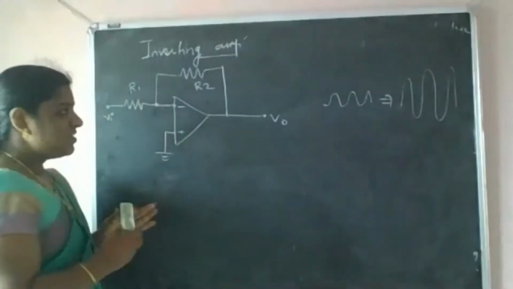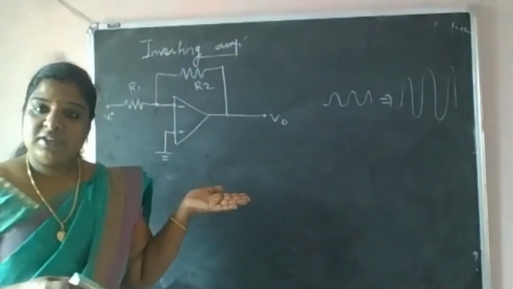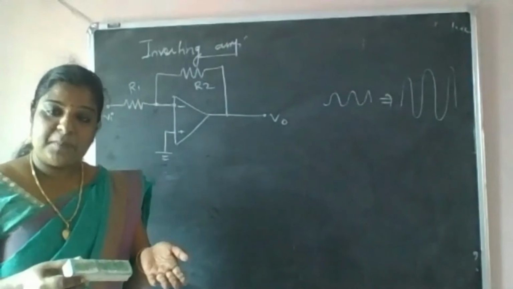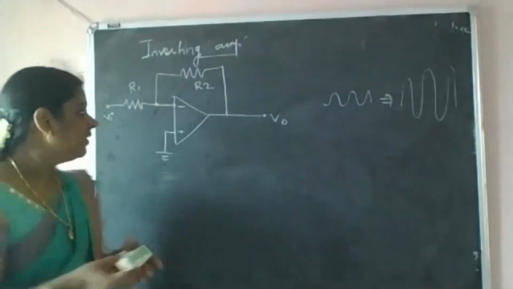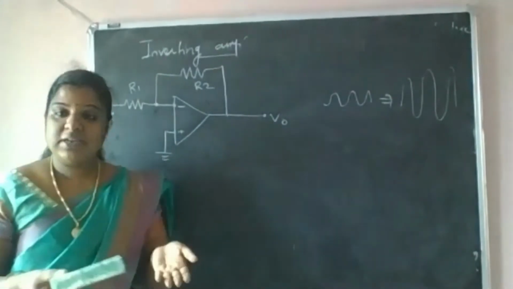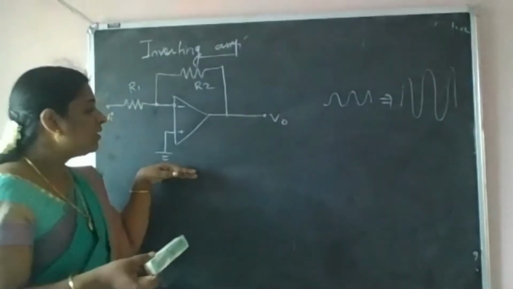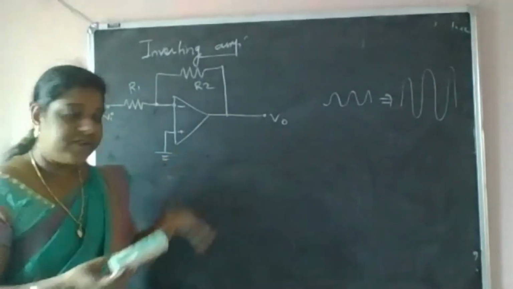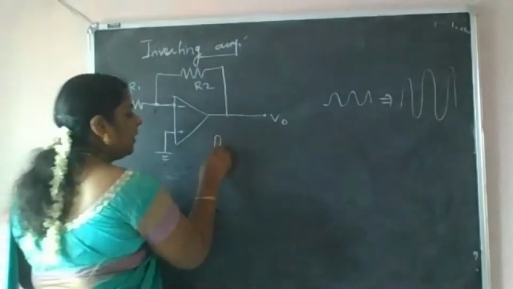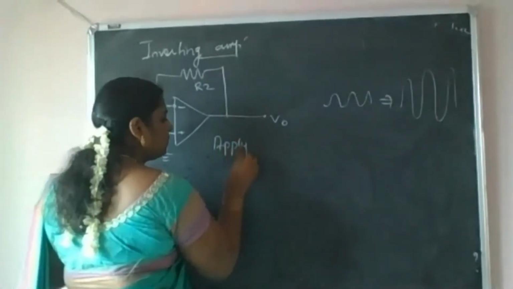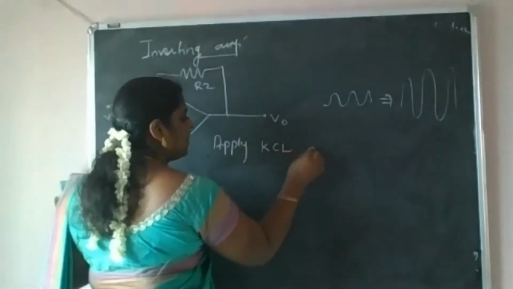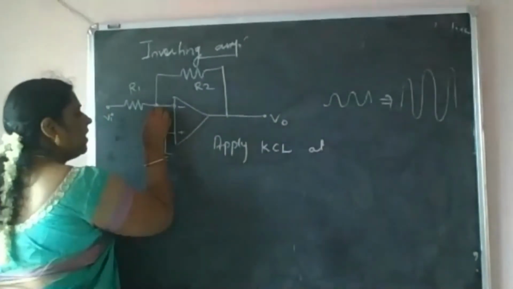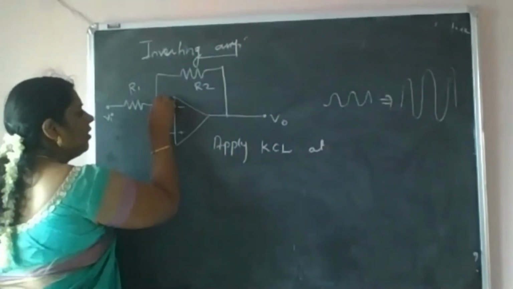Now, this is the circuit diagram. To find the transfer function, first we have to apply the appropriate law. So I am going to choose Kirchhoff's law. I am applying Kirchhoff's current law, KCL, at node Vi dash, or node 1.